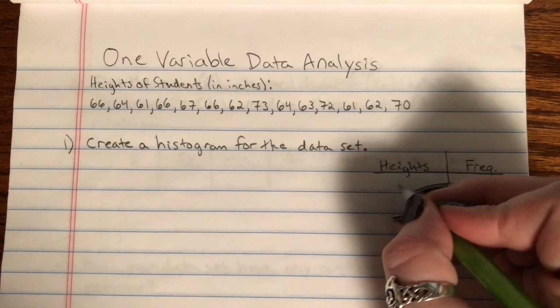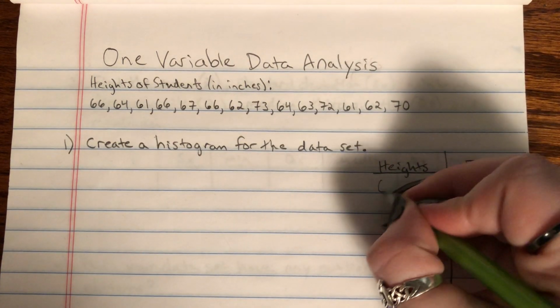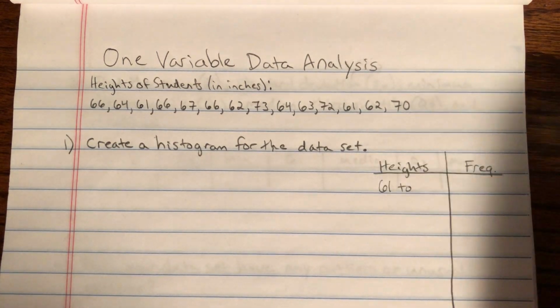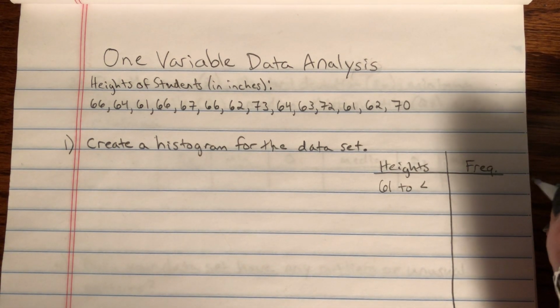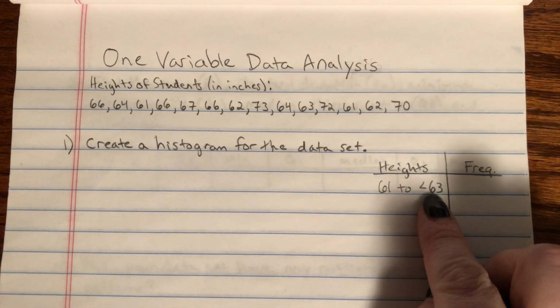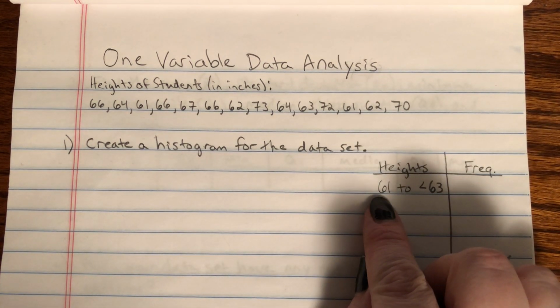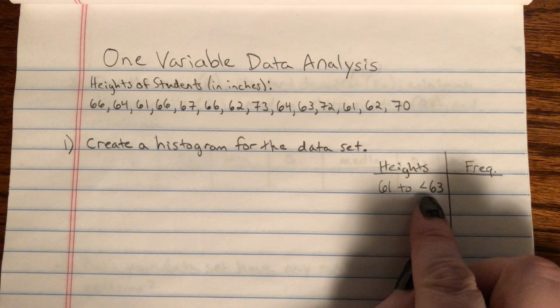That's because of the way that we write the ranges of values. For example, the lowest value that I have here is 61, so I'm going to go up to just below, let's say, 63. So I'm going to go about every 2 inches. So this would include 61, 62, all the numbers between them, as well as all the numbers right up to 63.